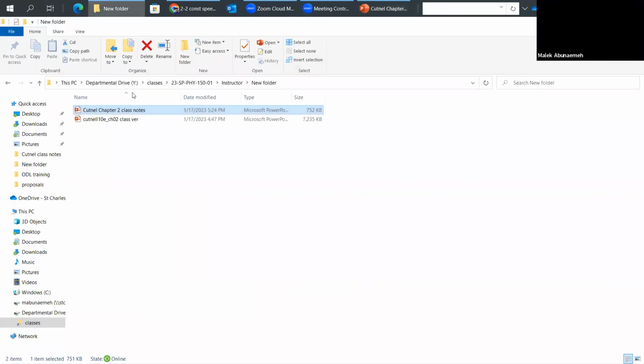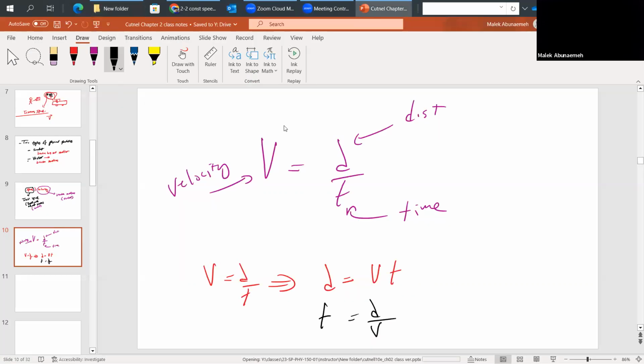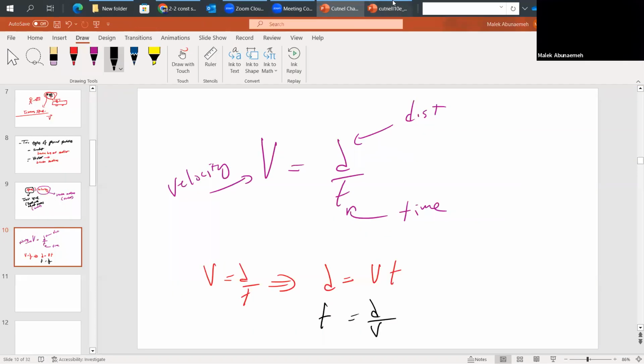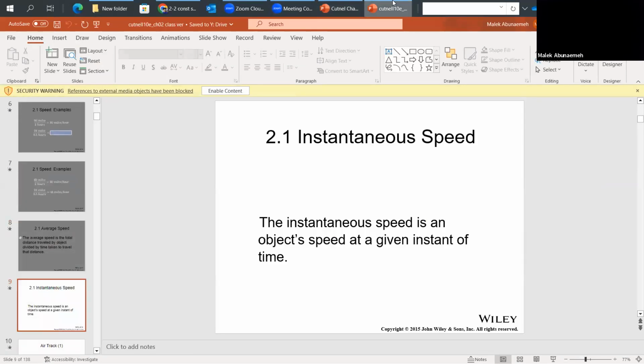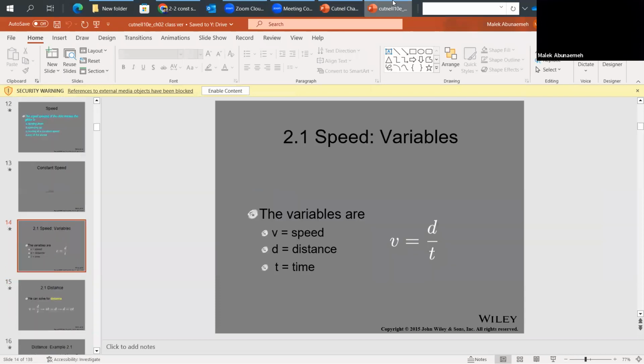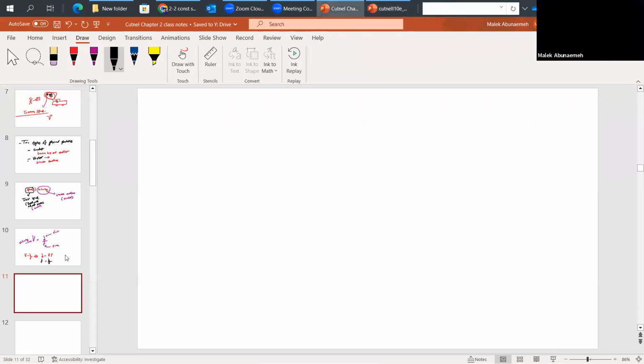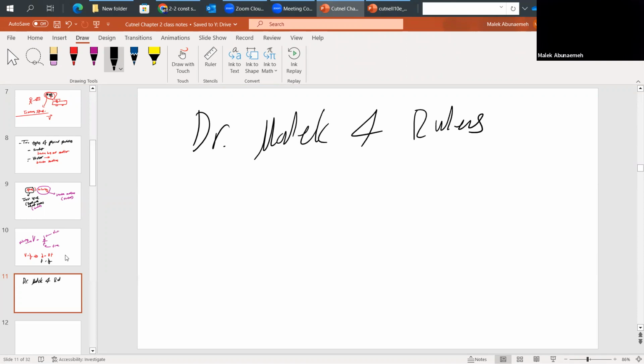So let's say we have a question. How far does a car travel in 4 hours at a speed of 40 miles per hour? Now, I would like to take this opportunity to introduce my 4 wonderful rules, called Dr. Malek's 4 rules.